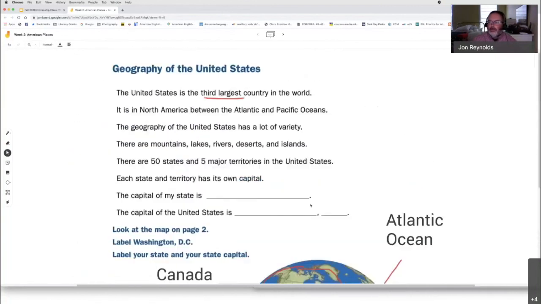Now, what's interesting is, in fact, Elaine and I, we were talking about this, the geography of the United States is very interesting. Many, many different places, right? So Elaine, we were talking about driving to Utah, driving to South Carolina, driving to Seattle. So Elaine, do all of these places look the same or do they look different? Look different. Yeah, so they're all very different places, right? So Utah is kind of like very dry, like the desert, right?